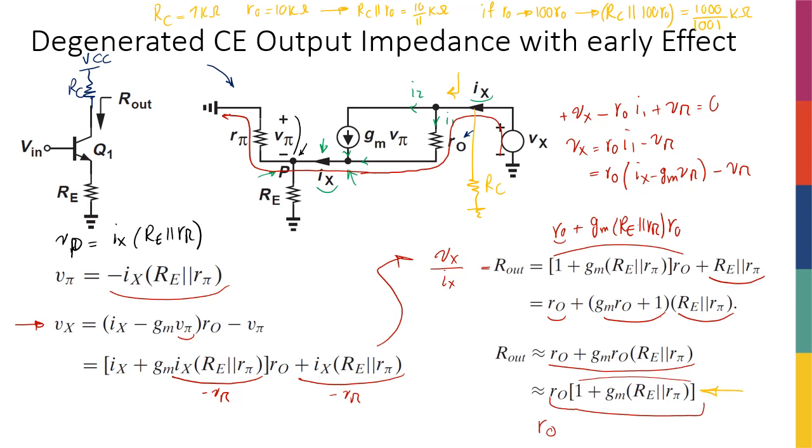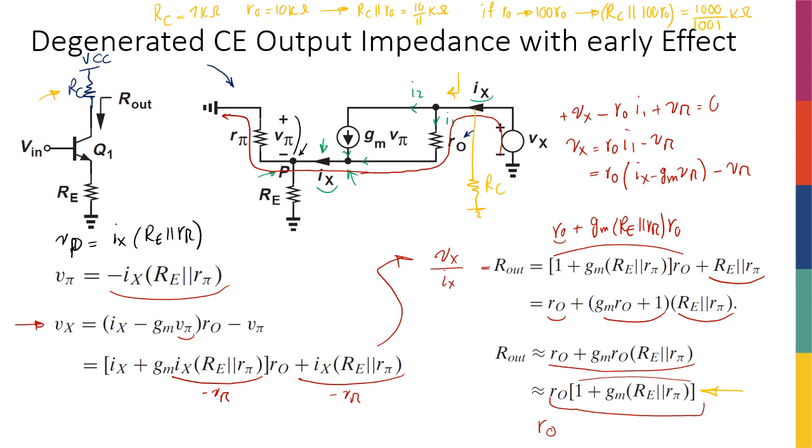So at the end of the day, we need to know the expression, but at the same time, when comparing the normal common emitter gain stage and the common emitter with degeneration, in terms of R out, at least we know that as long as we have some sort of a resistance in the collector, the R out is not going to be that different. But if that resistance had been replaced by some current source that has an infinite output resistance, then things would have been different.